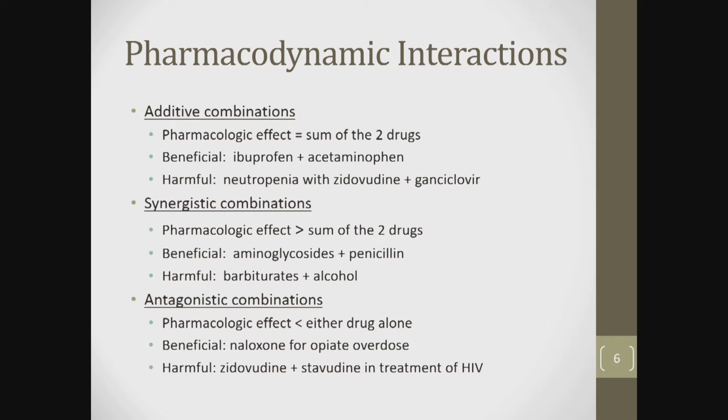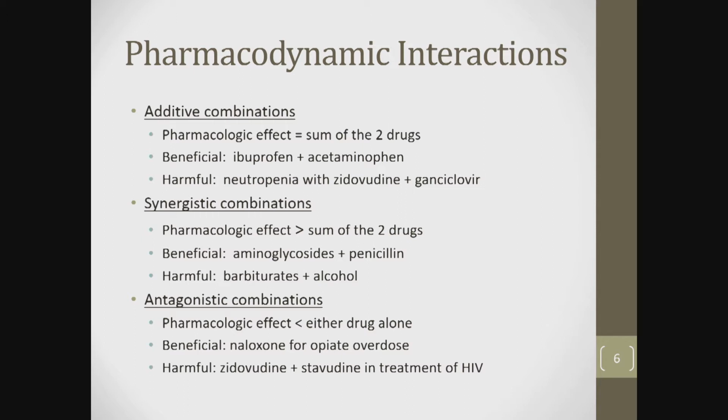A synergistic combination is when we combine two drugs and we get a beneficial effect above that of either one. And a good example of this is aminoglycosides with penicillin used to treat gram-positive infections. A harmful combination is obviously that of barbiturates and alcohol, or sedatives and barbiturates, or sedatives and anti-seizure medications. And an antagonistic combination might be where one drug counteracts or blocks the pharmacologic effect of another.